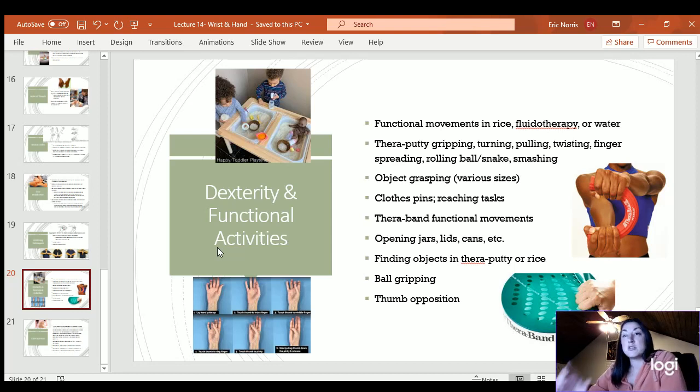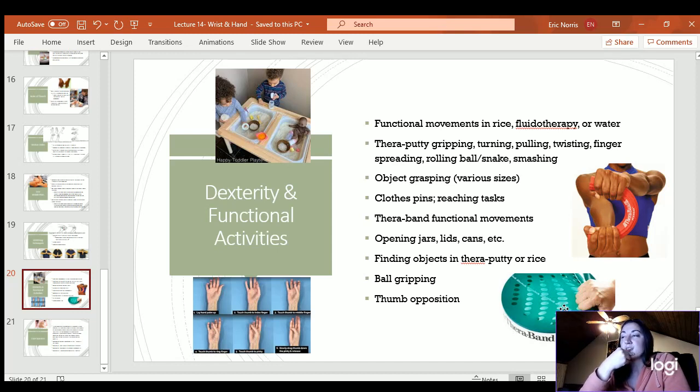And then clothespin, so pinching objects, and reaching tasks. Oftentimes I'll have them reach over here and put it somewhere else. Theraband functional movements. There are Theraband grippers, as you see here, that you stick your fingers in and you can splay them or you can cup them. You can do opposition. You can do a lot of different movements within that Theraband ring.